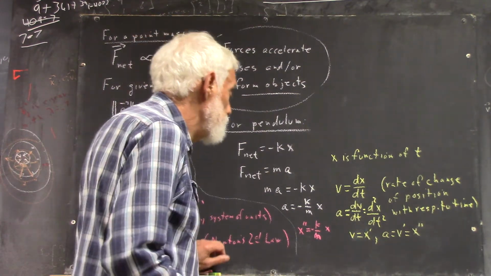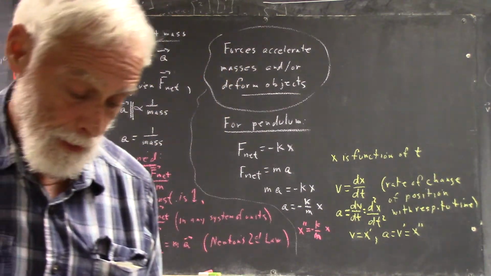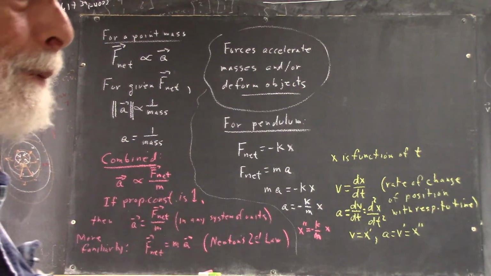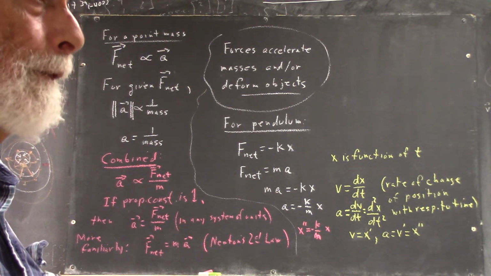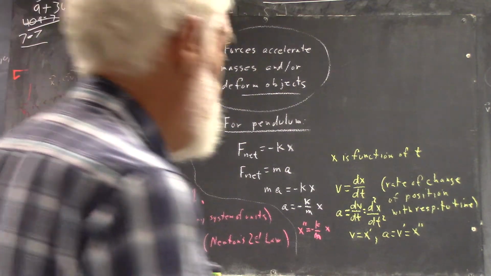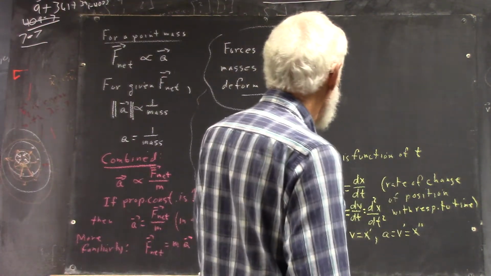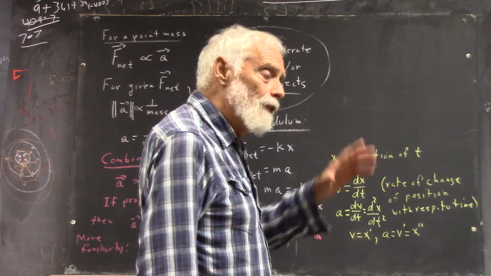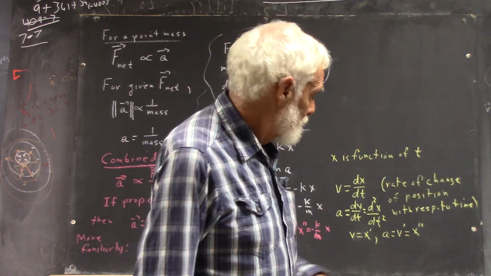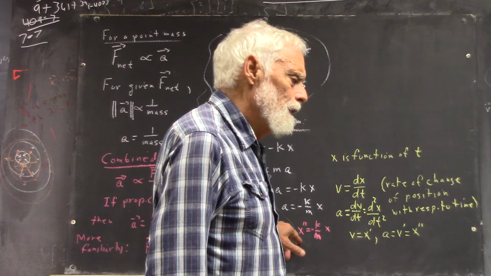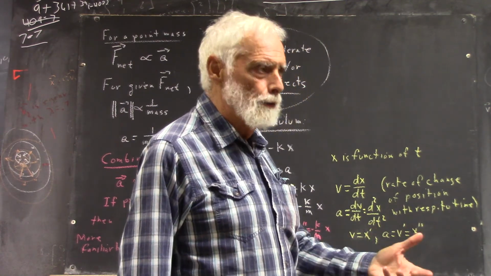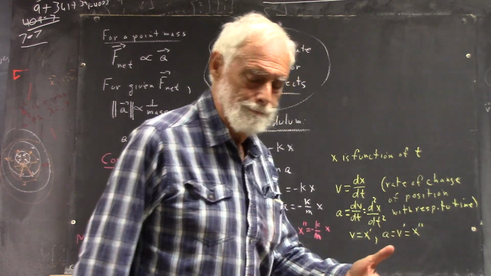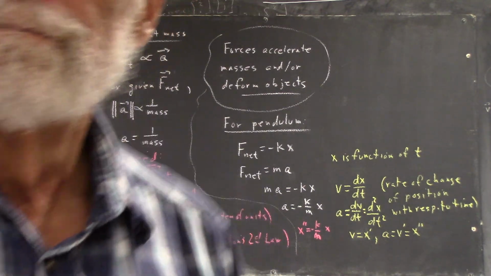Well, now we've got to solve that equation for x. Got to find a function whose second derivative is a negative multiple of itself. So think for a minute. What kind of function has a second derivative that's a multiple of itself?